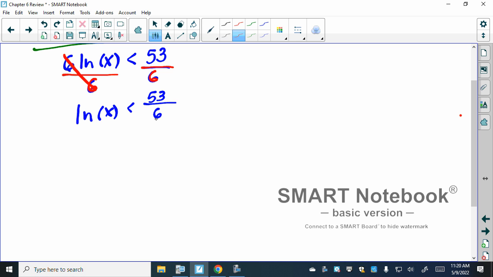Well, 53 does not divide by 6 evenly, so I will leave it alone. Now the next thing we need to do is to get x out of the log, which we can do by applying e to both sides. These will cancel out, telling us x is less than e to the 53rd divided by 6.